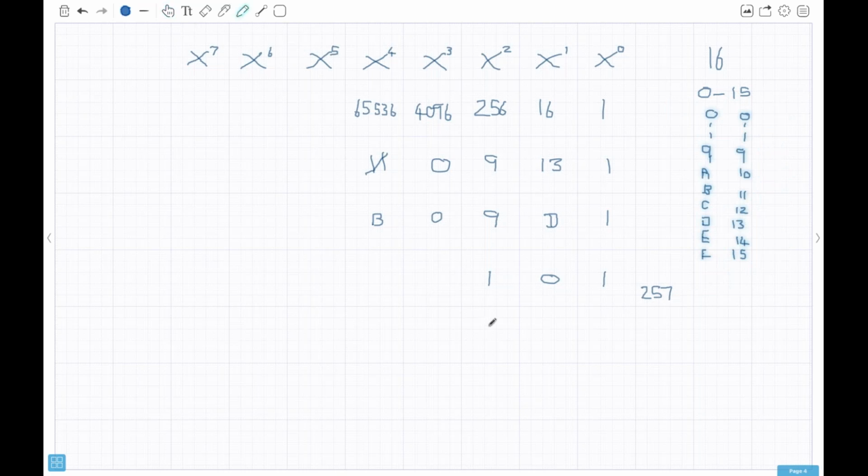If we have 323, we'll have 3 256s: 256, 512, 768. So 768 plus 2 16s plus 32 plus 3. Okay, that's going to be 803 if I'm not mistaken. Let me just check my maths. 768. Yes, 803.